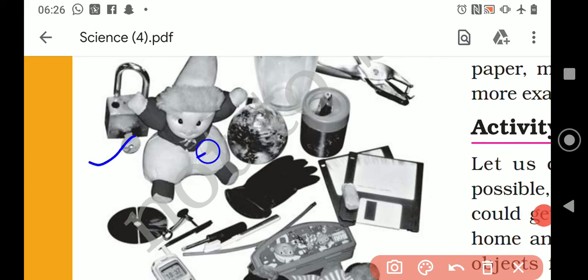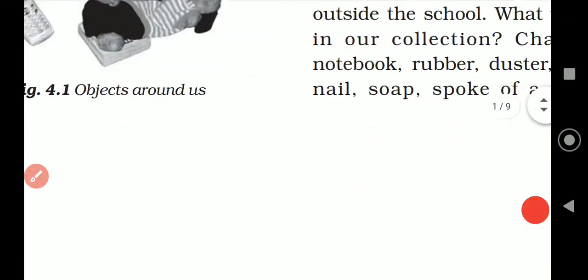Everything: log, the toy, the CD, the screwdriver, the paper, the eraser, the glass, the weight, paperweight, the gloves, the compass. So there are a lot of things present here, right?